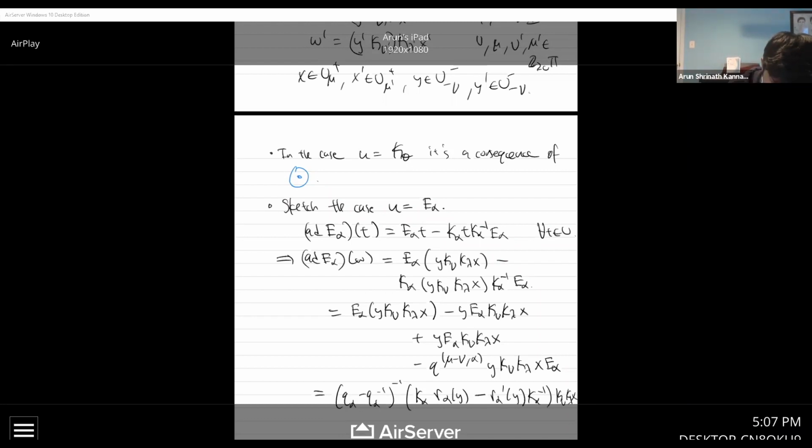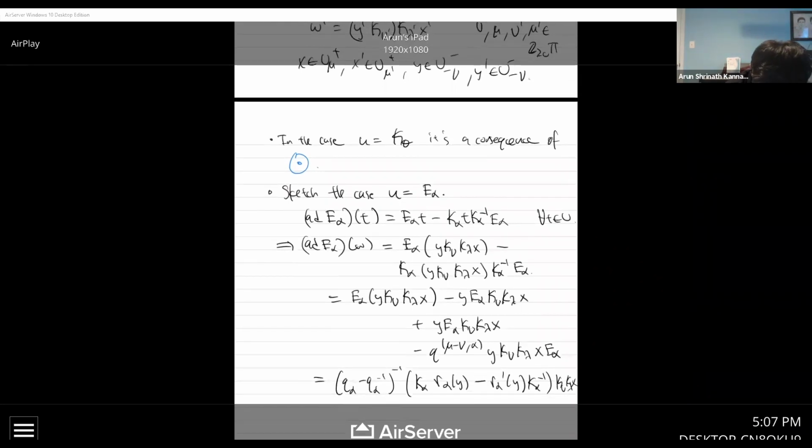So that's the first line here. And then we want to move this E alpha here, so that it's of the same form.